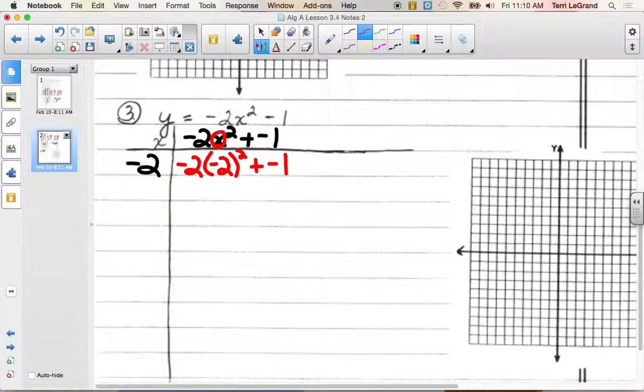What did you learn? We know we do powers, we do exponents before we do multiplication. So we have this -2 is going to stay here, and that -2 times itself, what's that going to become? Positive 4. A -2 times a -2 is a positive 4.